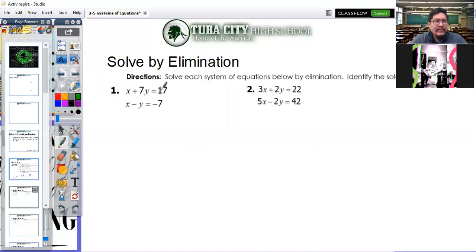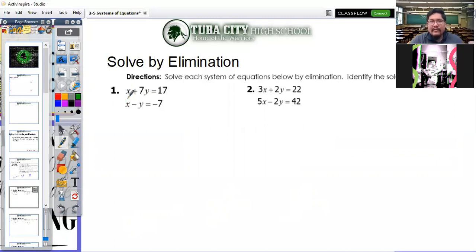Now we have to get one of them to eliminate. Let's see if anything is ready to eliminate. Y is not going to eliminate, and x has the same coefficient. They both have a coefficient of 1.